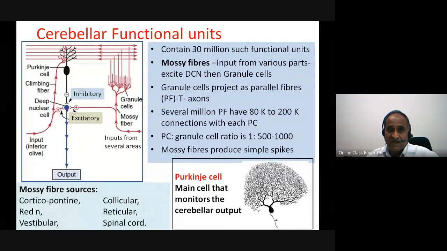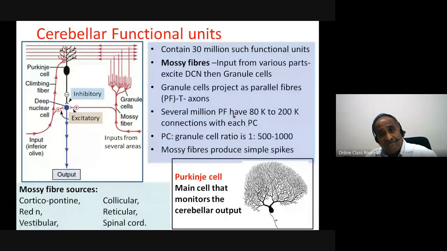This is the deep cerebellar nucleus. It excites this, and then it comes here and excites these granule cells. The granule cells project the parallel fibers. You can see the parallel fibers and the T axons.